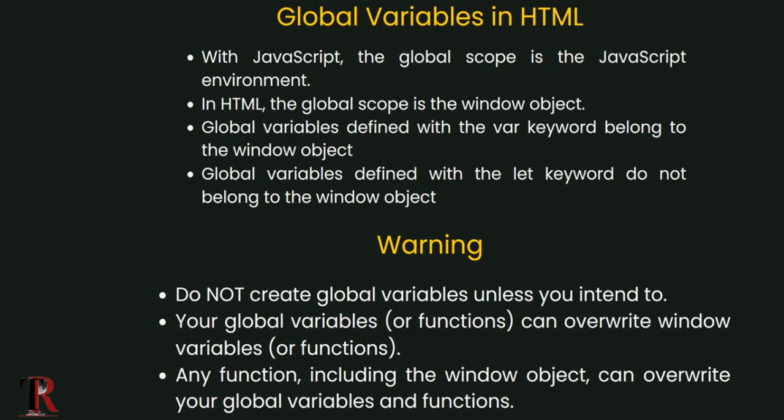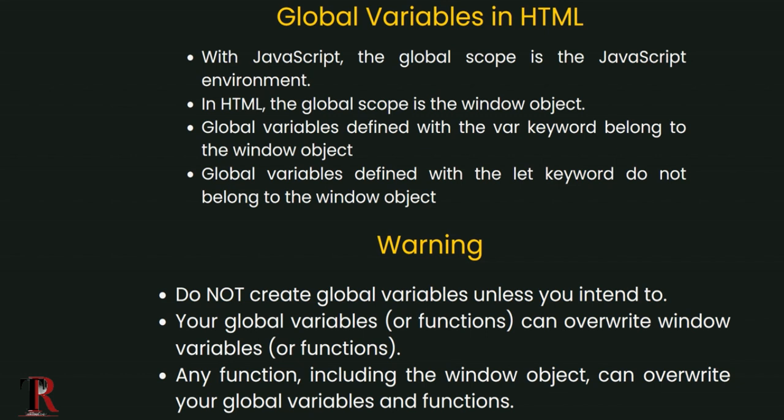Now, there are some warnings that you should take note of as a developer. Do not create global variables unless you intend to. Probably you are doing something for demonstration purposes, just as I demonstrated now. That is when you should create a global variable, in order to avoid inconsistency or overwriting of an existing variable that you've declared. A global variable or function can overwrite window variables or functions. You can see the disadvantage.